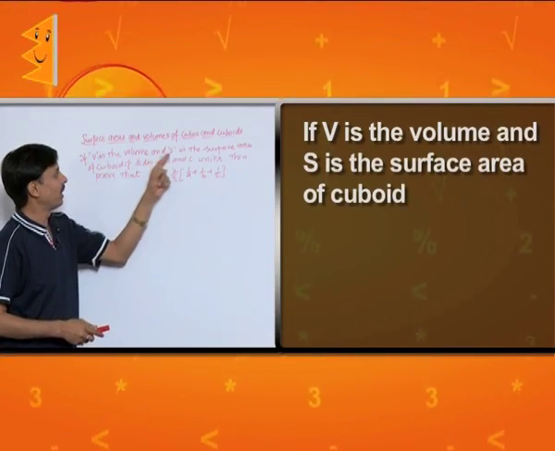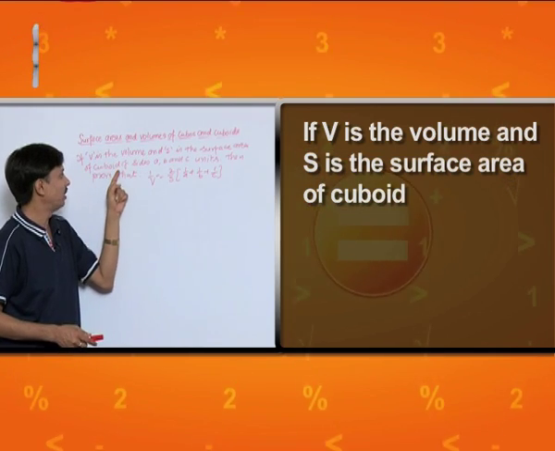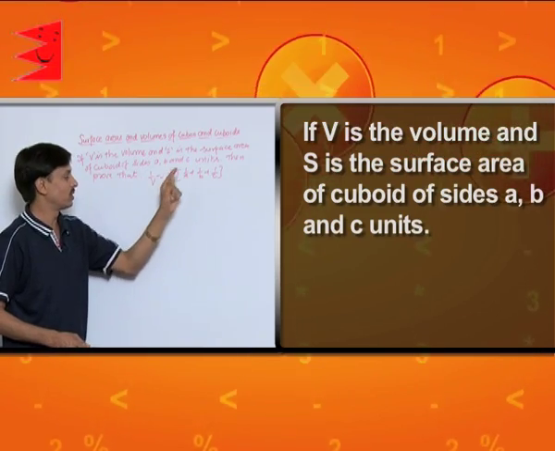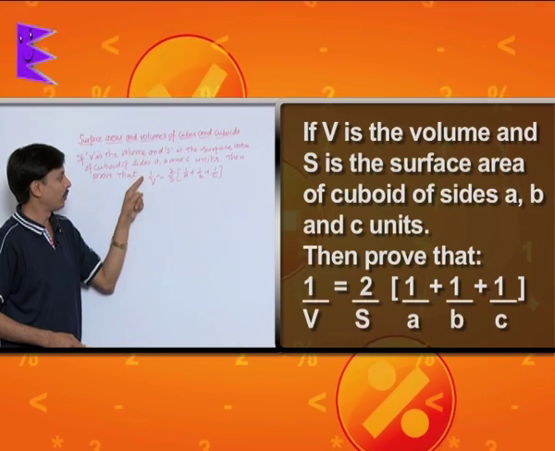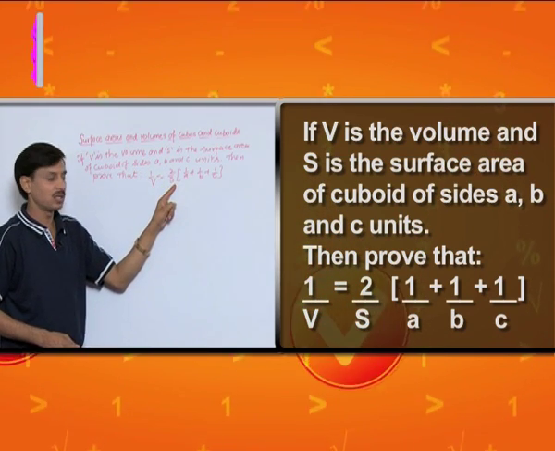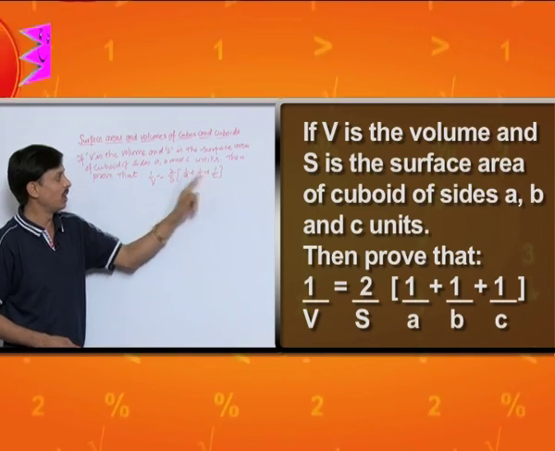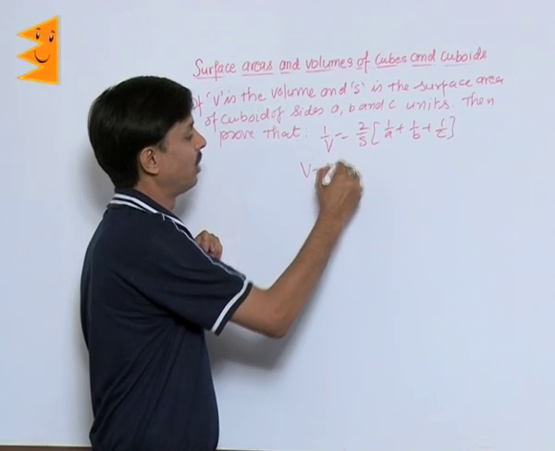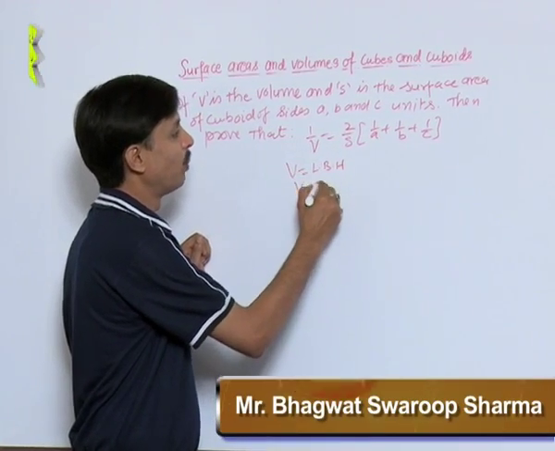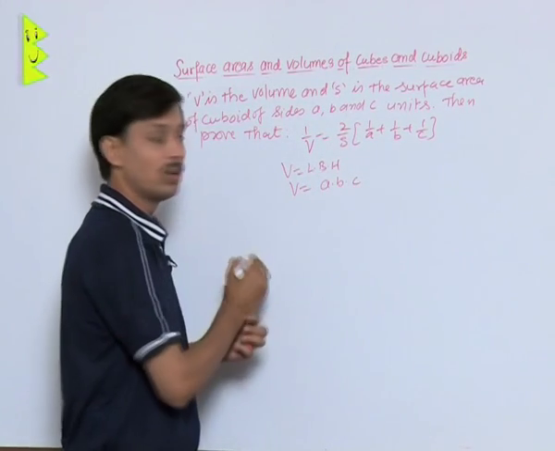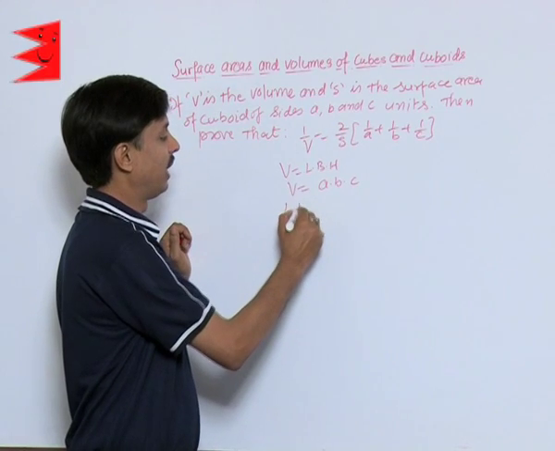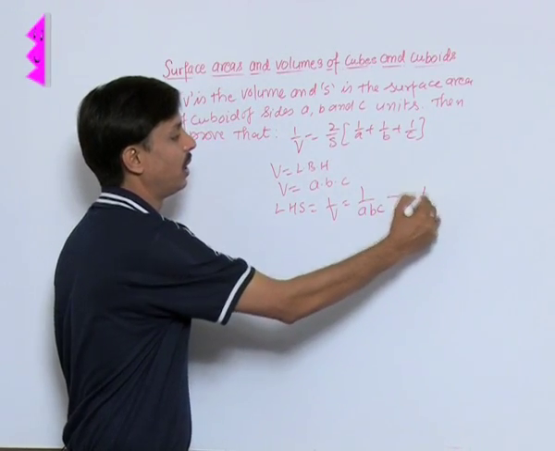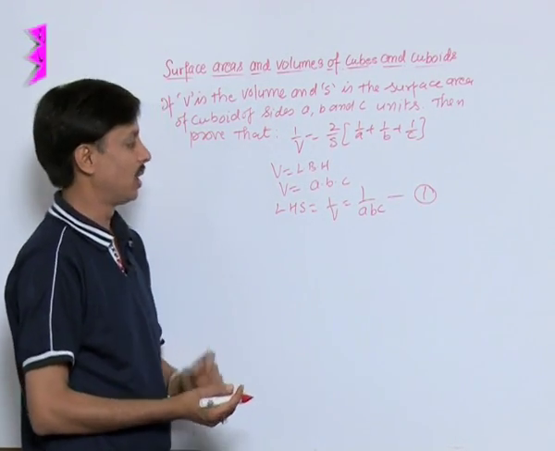If V is the volume and S is the surface area of a cuboid of sides A, B, C, that is length A, breadth B and height C units, then prove that 1 upon V is equal to 2 upon S into 1 upon A plus 1 upon B plus 1 upon C. Volume is equal to length into breadth into height, so volume becomes A into B into C. Now the left hand side will be 1 upon V, which will be 1 upon A into B into C. We can call it relation number 1.